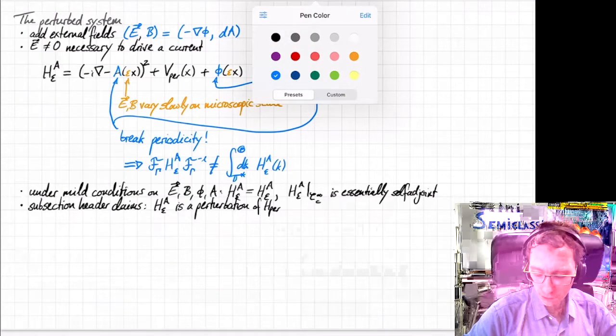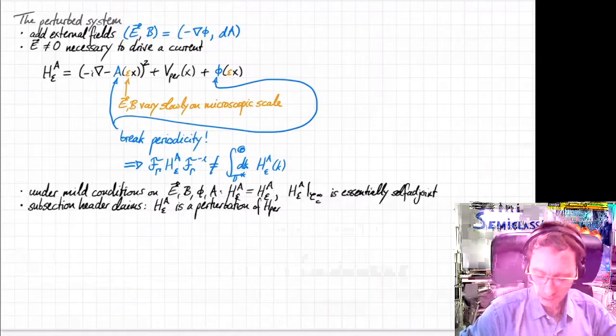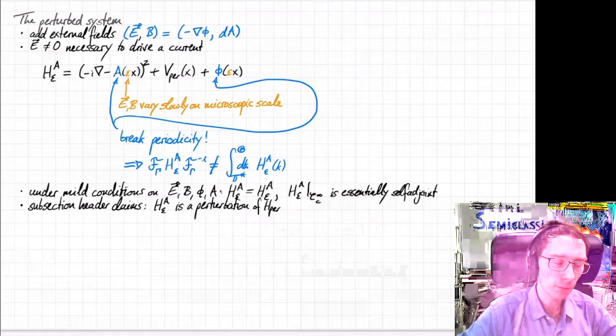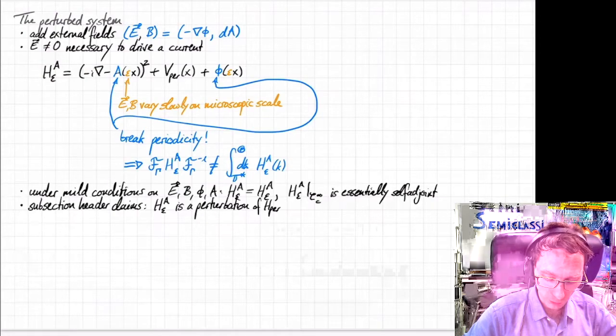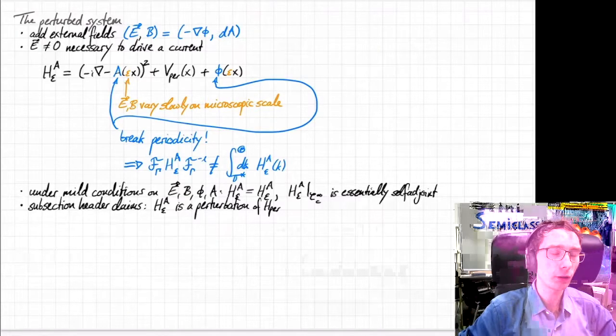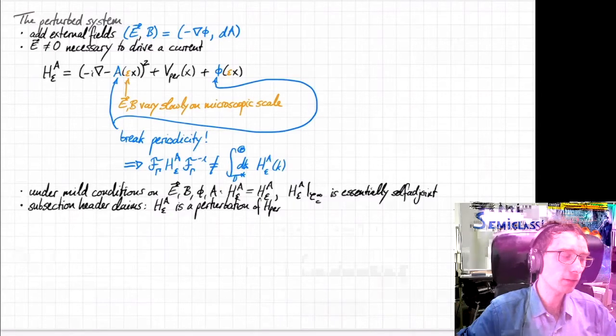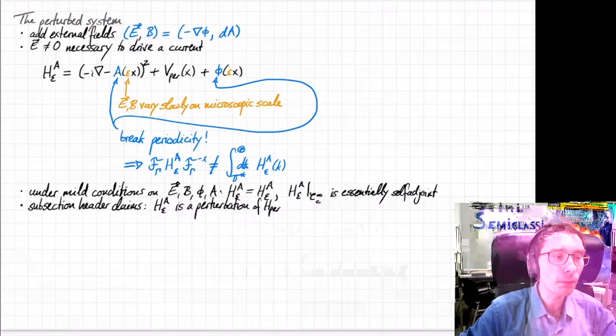And this is, of course, not really an innocent question, because if a magnetic field is present, then the quote-unquote perturbed operator will be acting on a different domain than the unperturbed operator.